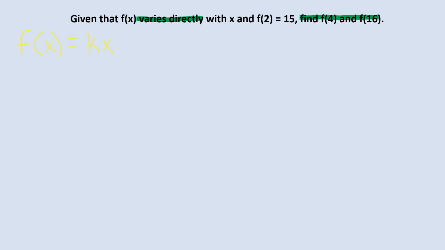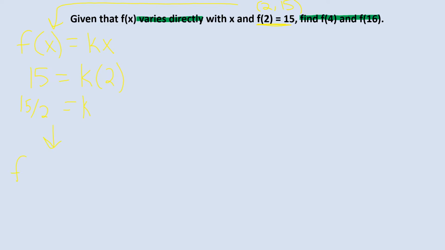That's always the equation you're going to use when it varies directly. And we do have one ordered pair here. It's 2, 15. So we're going to plug this in to this equation over here. 15 equals k times 2. And we can, of course, solve for k, which is going to give us 15 over 2.